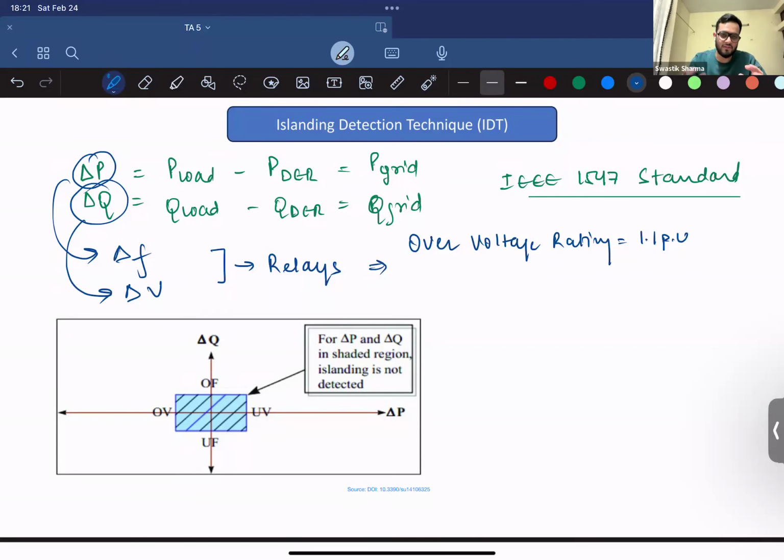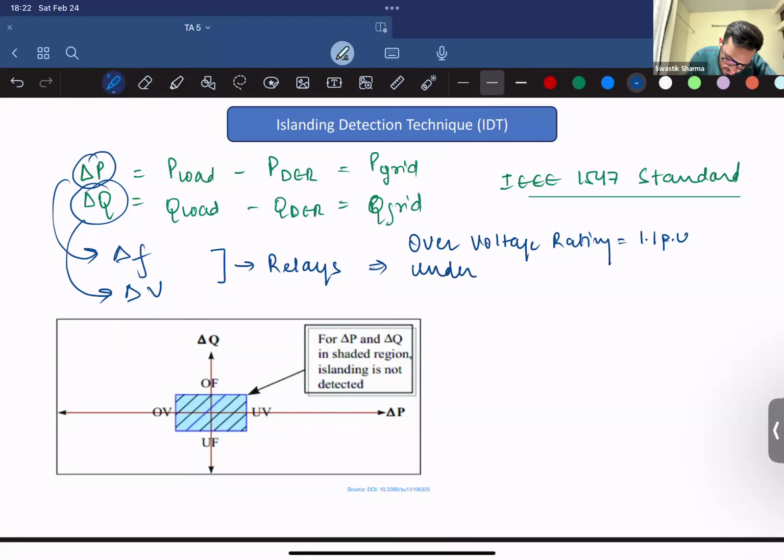It has to experience that fault for a certain period of time before it trips. As there are many transients in the system, you can't switch off your microgrid just because a transient has happened, right? So the over voltage relay checks if the voltage exceeds 1.1 per unit for a particular amount of time, and then it trips.